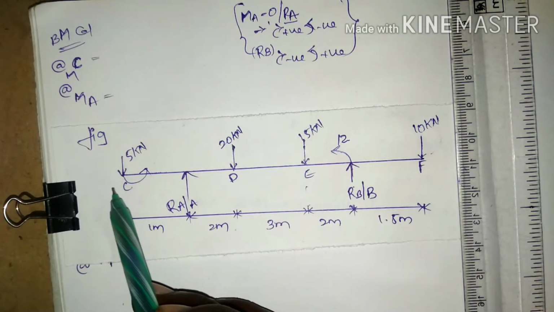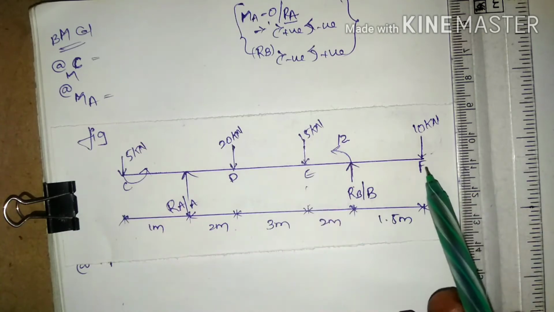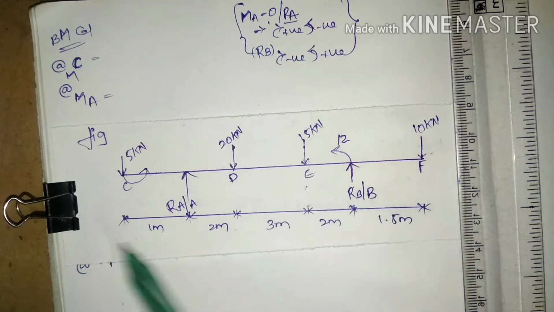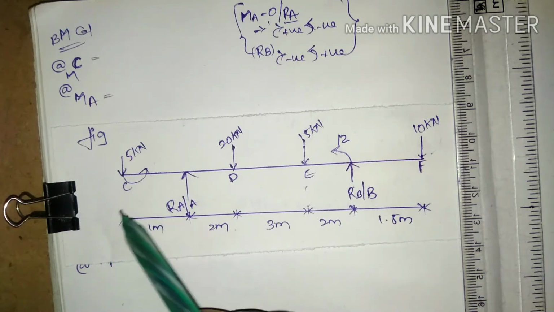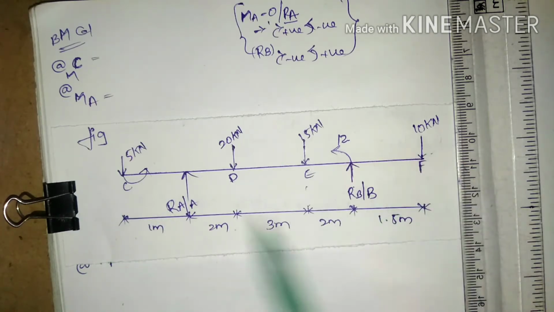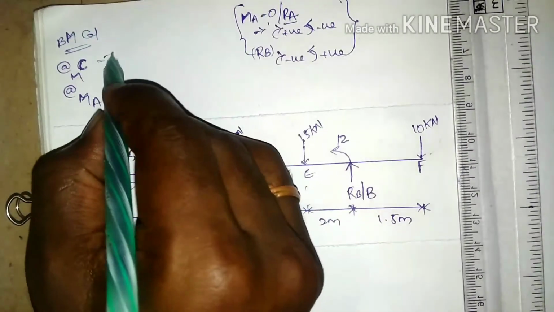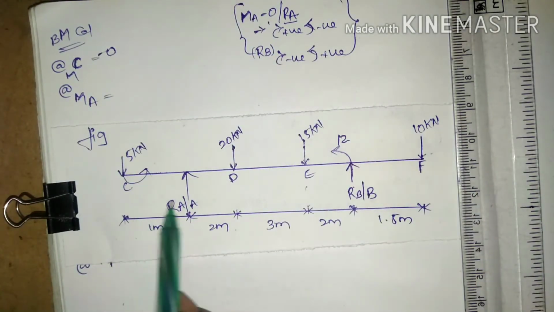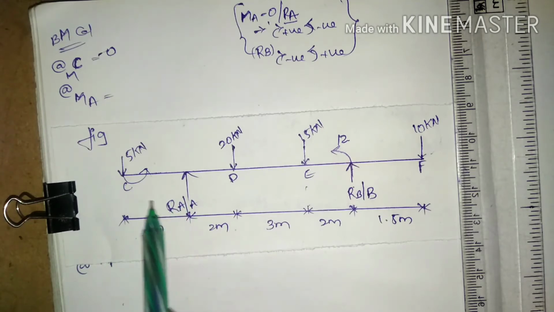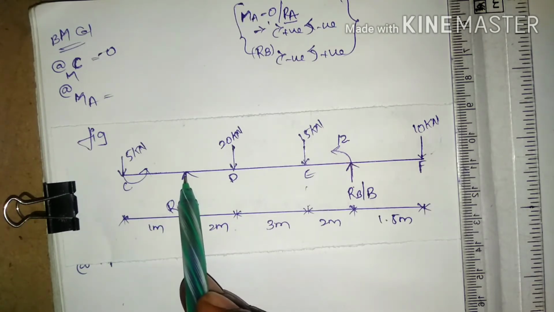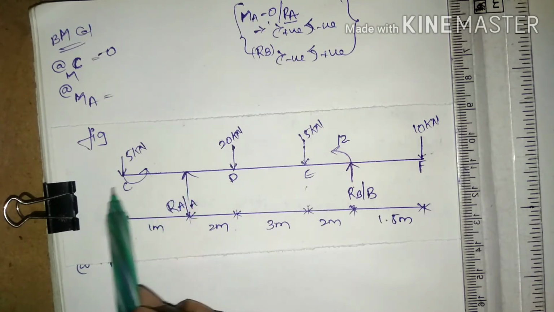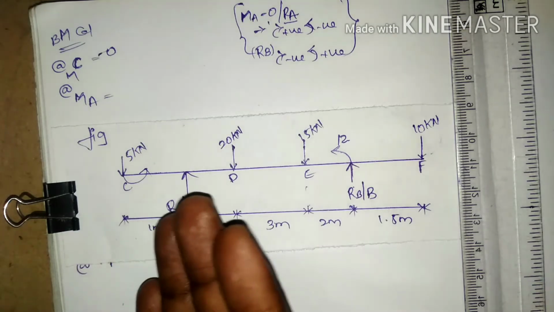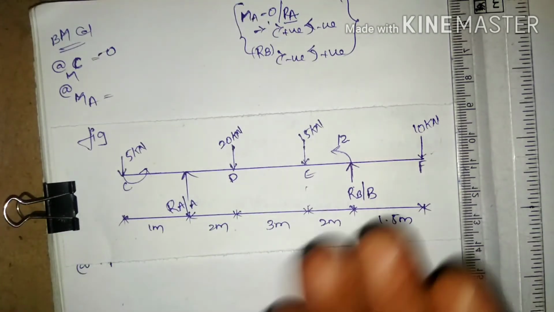Here, moment about C and moment about F is 0, because there are no perpendicular distances to multiply with, so that is going to be 0 here. And after the C, we are having A. In this RA, you can take either left of the section or the right of the section.